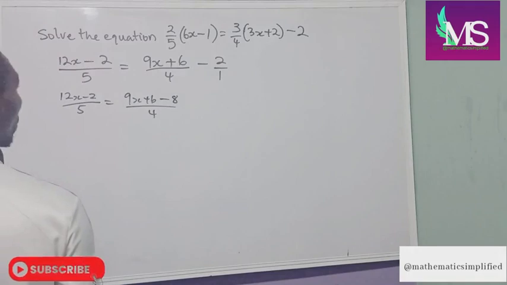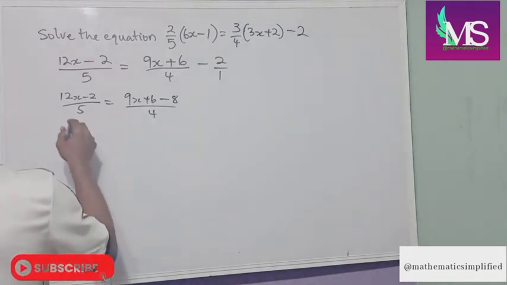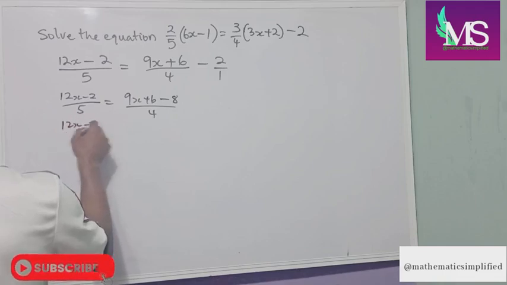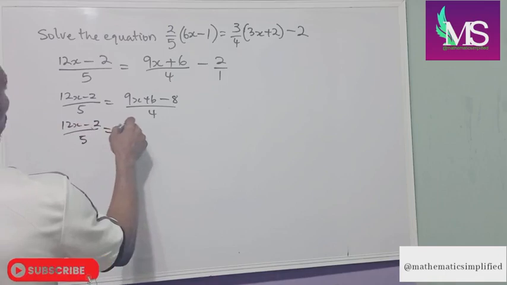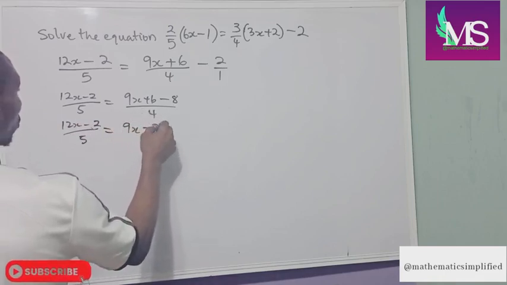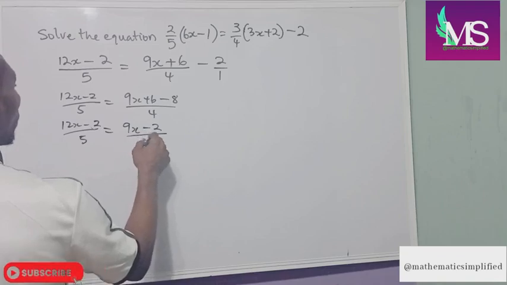So this will give us 12x minus 2 over 5 equals 9x minus 2 all over 4.